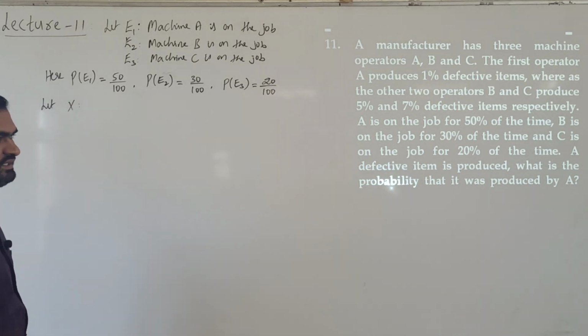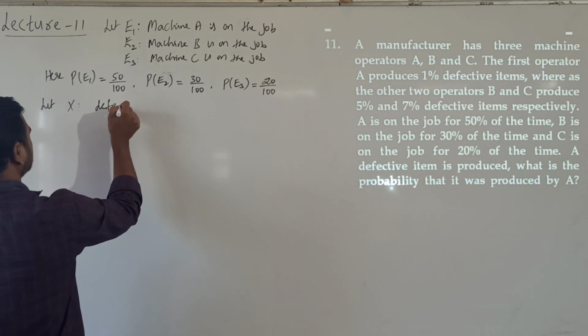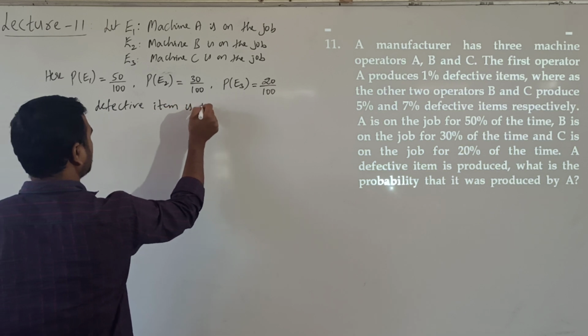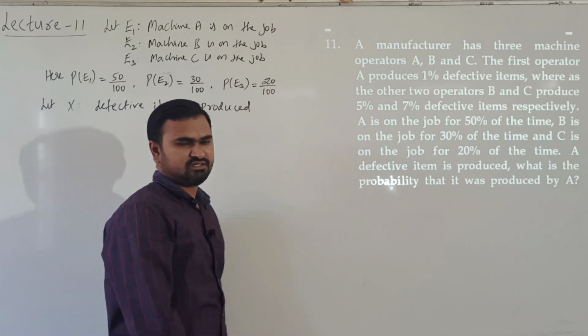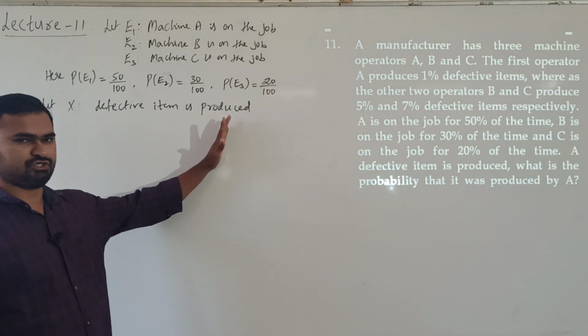Let X be the event that a defective item is produced. We are defining the common event X. What is that? A defective item is produced.